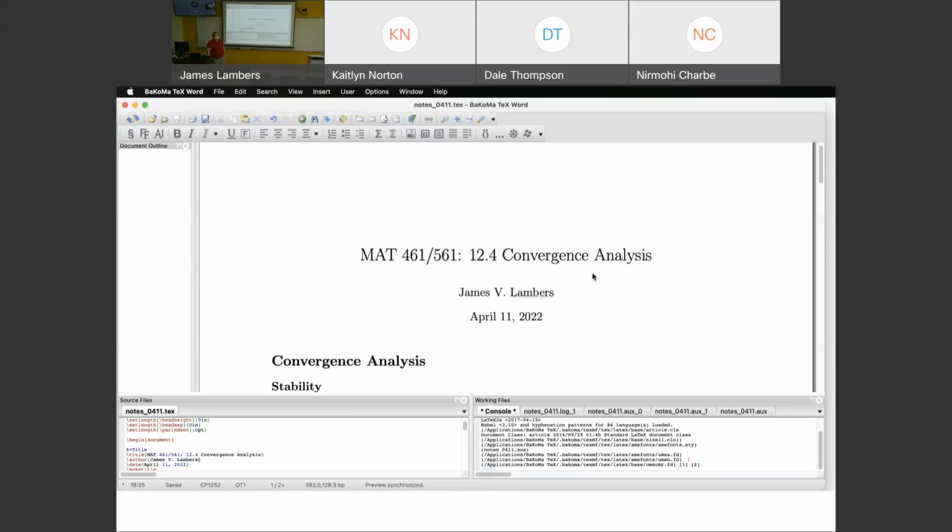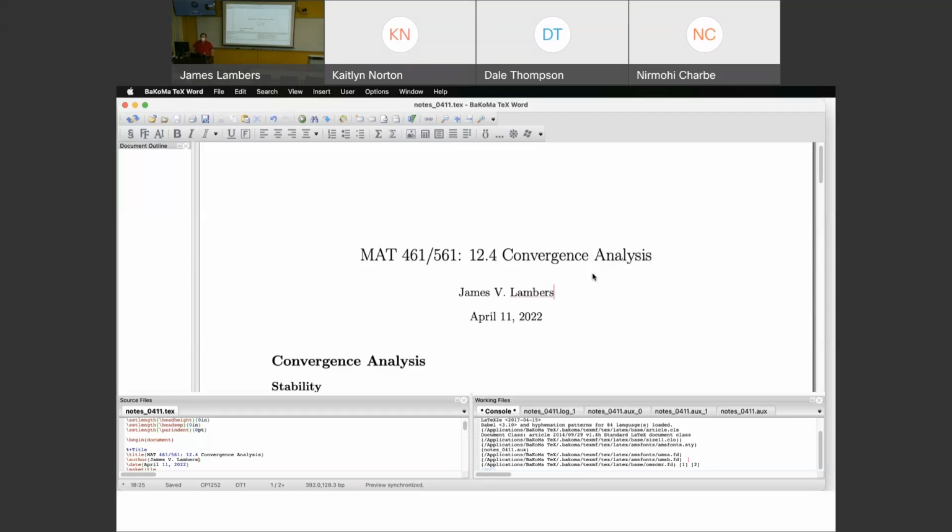I also showed how to establish that a one-step method is stable, meaning that the difference in two solutions is bounded by a constant independent of h times the difference in the corresponding initial values.